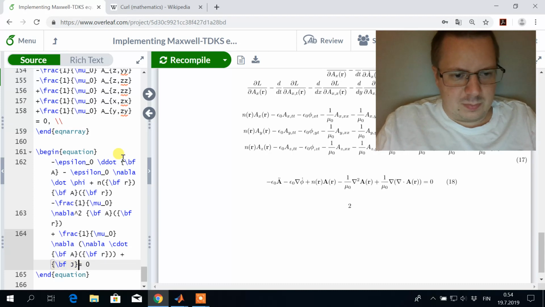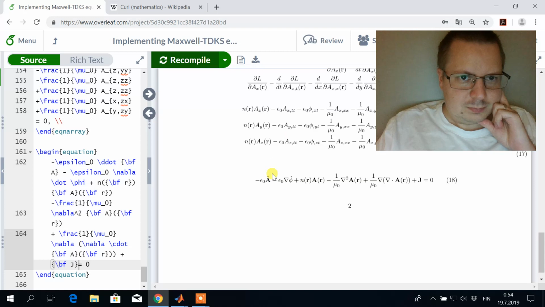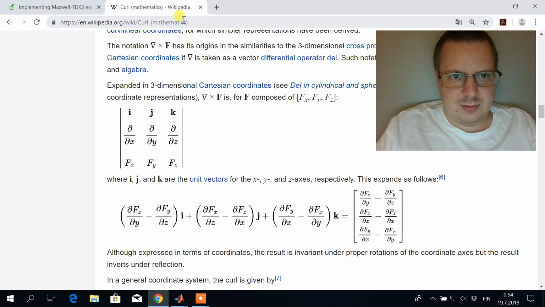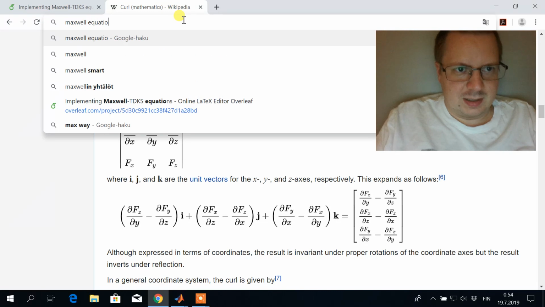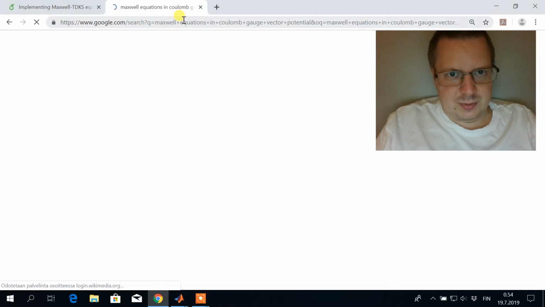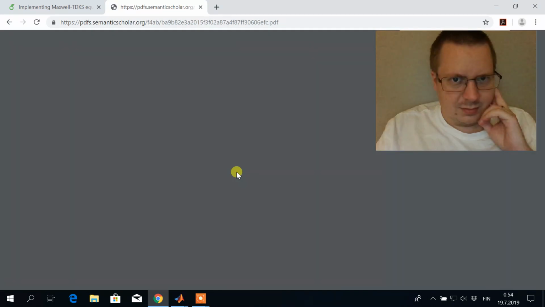I'm allowing at this stage some sign errors. So I'll just Google Maxwell equations in Coulomb gauge vector potential.